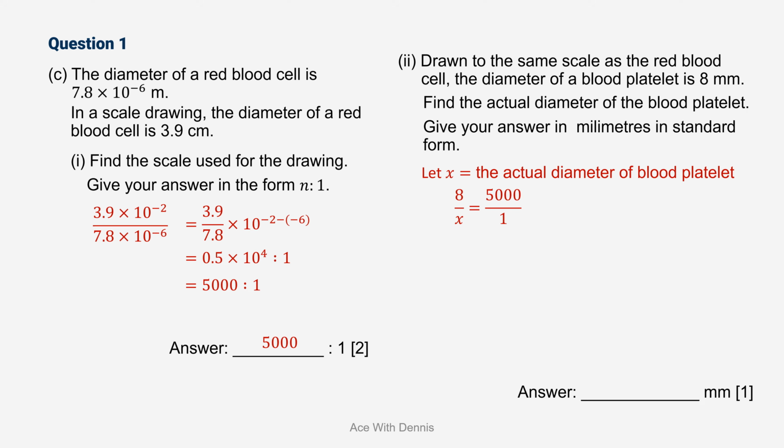Then 8 divided by x will be equal to 5000 divided by 1. To solve this equation, x will be 8 divided by 5000, which is 0.0016, or in standard form 1.6 times 10 to the power negative 3. Hence, 1.6 times 10 to the power negative 3 is the answer.